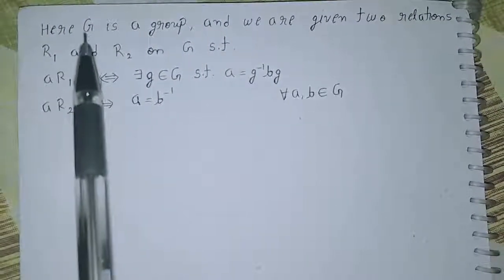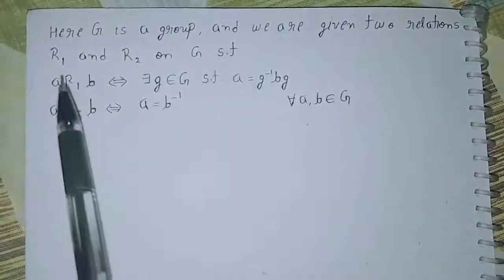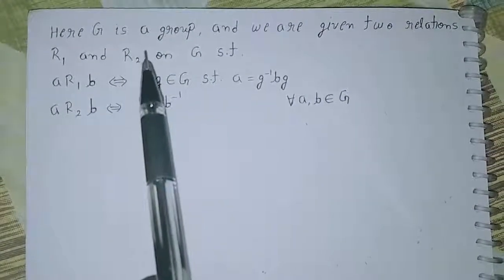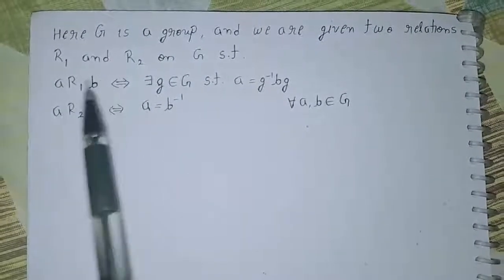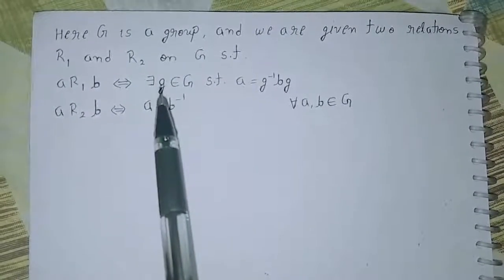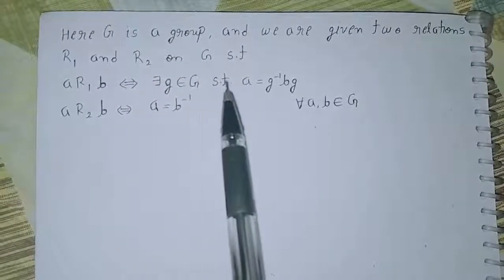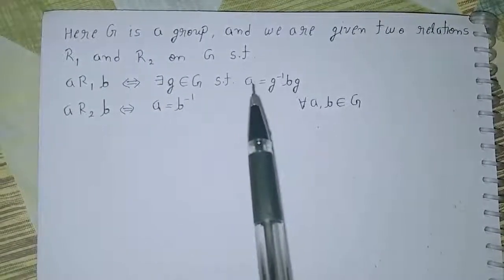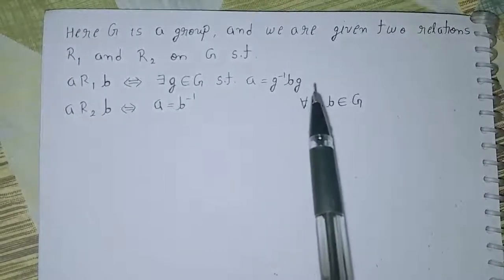Here we are given a group G on which we are given two relations R1 and R2. These two relations are defined as: A and B are related by R1 if and only if there exists some element g in the given group G such that the element A can be expressed as g inverse B g.